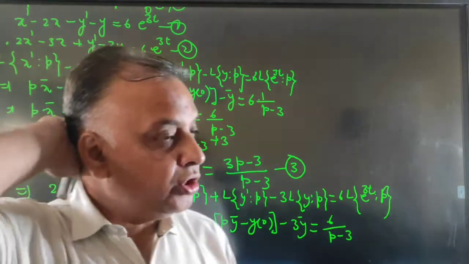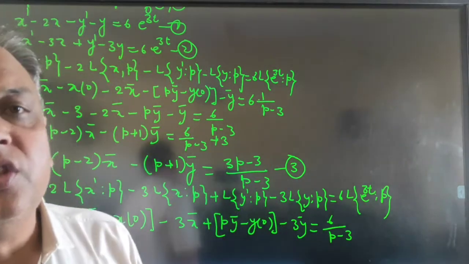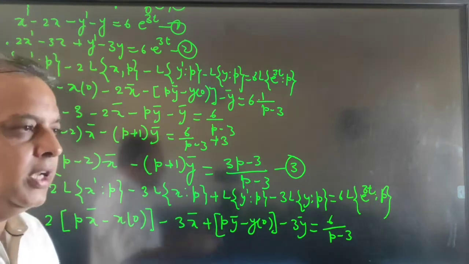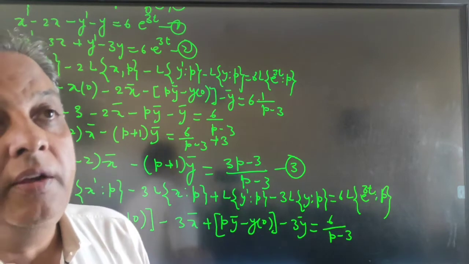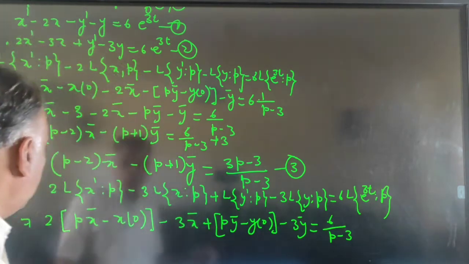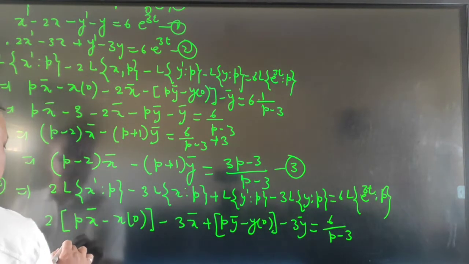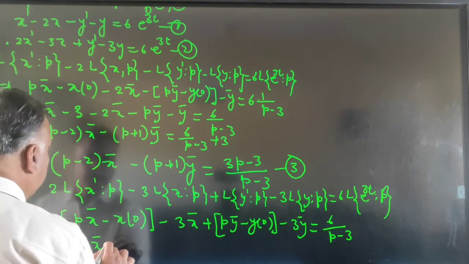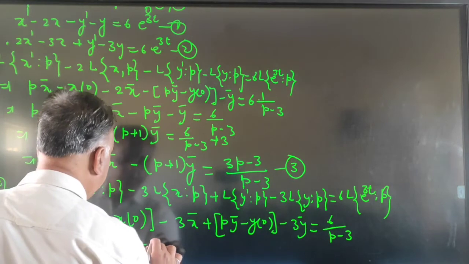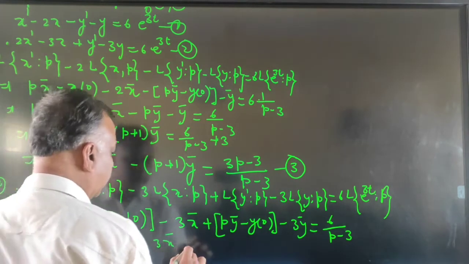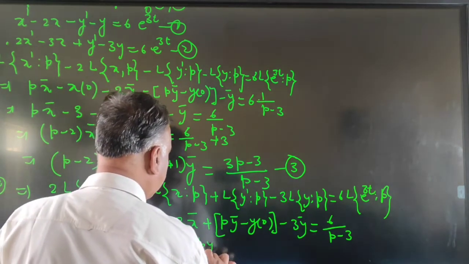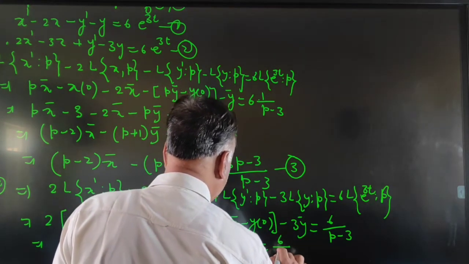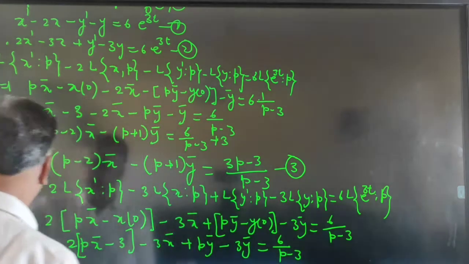Putting the values of x0 and y0, that is the value of x at t equals 0 is given as 3, and the value of y when t equals 0 is given as 0. So putting these values we get 2 into p x bar minus 3x bar plus p y bar minus 3y bar is equal to 6 upon p minus 3.